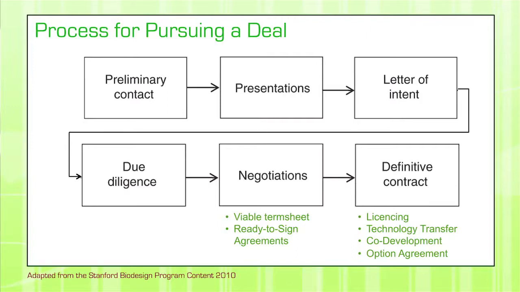Either a licensing deal or a technology transfer deal in which all the rights forever are transferred to the other party, or a co-development in which both parties agree to put something on the table that is valuable to further pursue the development of the technology, and maybe it's licensing or transfer, or even an option agreement.